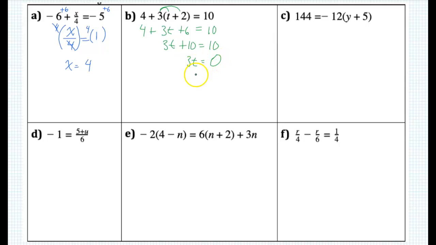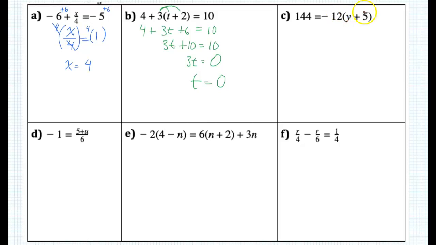We can already see that t is equal to 0, but we can just go ahead and say t is equal to 0. All right, if I substitute and test that, this would be 3 times 0 plus 2, right? That would be 6. 6 plus 4 is 10, so that works. Good.